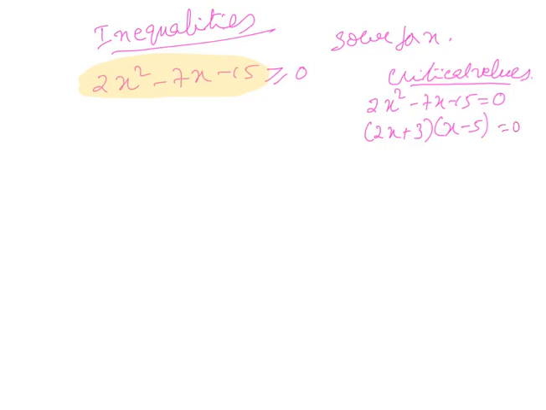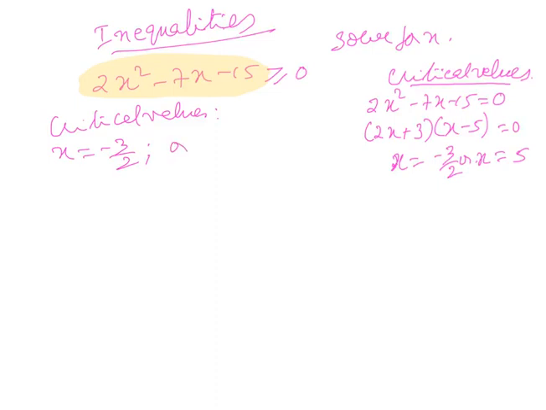So 2x equals negative 3, x is equal to negative 3 over 2, or x is equal to 5. I can straight away write the critical values: x is equal to negative 3 over 2 or x is equal to 5.